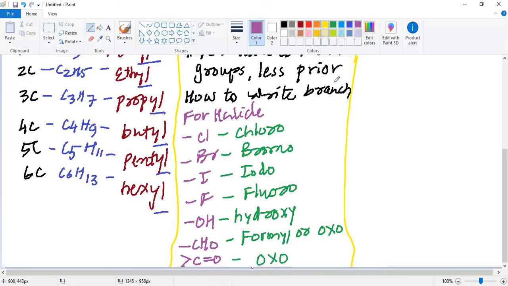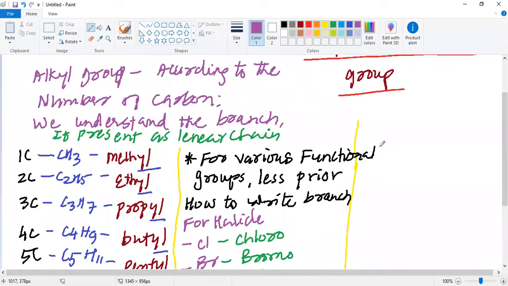So let us understand some more functional groups and study about them.